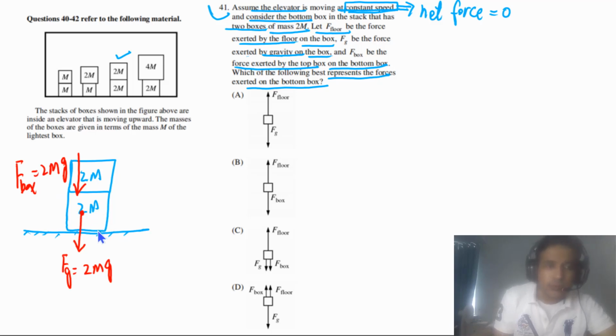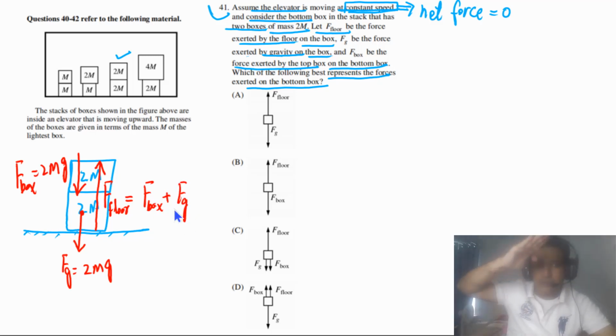As these two forces are acting down, there must be a force from the floor in the upward direction. So we can say this is F floor, and F floor has to be equal to F box plus Fg, because this block is moving at constant speed.